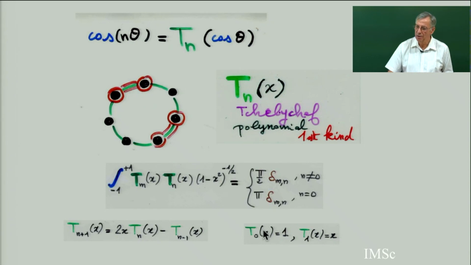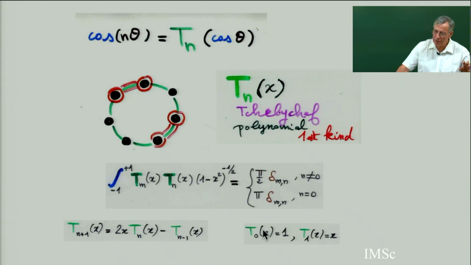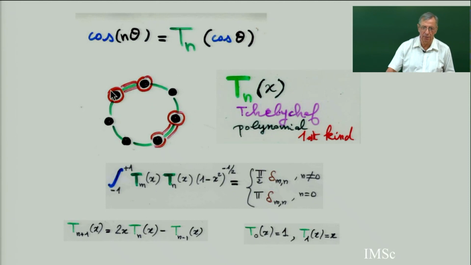And now I claim that the combinatorial interpretation of Chebyshev first kind is going to be the matching polynomial of the circle graph, or the cycle. So you take a cycle with endpoints. The graph has edges, you see all the green edges, and you put some dimers again, choose some edges of two consecutive points, such that the edges are 2 by 2 disjoint.